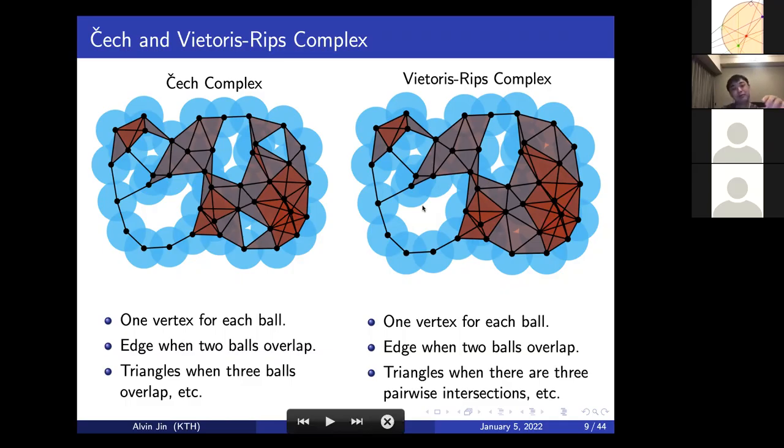For the Vietoris-Rips, you want three pairwise intersections to form a triangle, whereas for the Čech complex, you want three actual intersections for a triangle. Vietoris-Rips is slightly easier to check because you only need to check pairwise intersections, whereas for the Čech complex, you need to check if ten balls intersect at once instead of just checking pairs. But the one that we're going to use in this talk is the Čech complex.